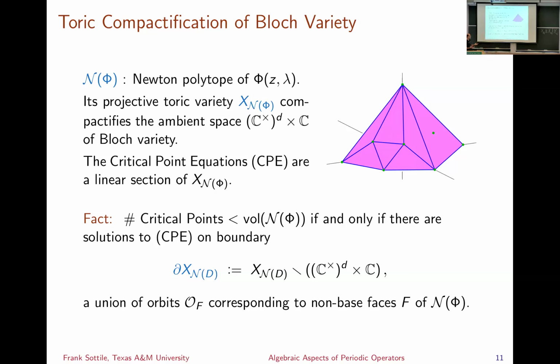It can fail to be sharp only if there are solutions to the critical point equations on the stuff you added. So this is the ambient space of the toric variety. This is the full toric variety. So this is the stuff you add. I call it the boundary of the toric variety, and that's just a union of orbits that correspond to the faces of the Newton polytope that are not the whole polytope or its base.